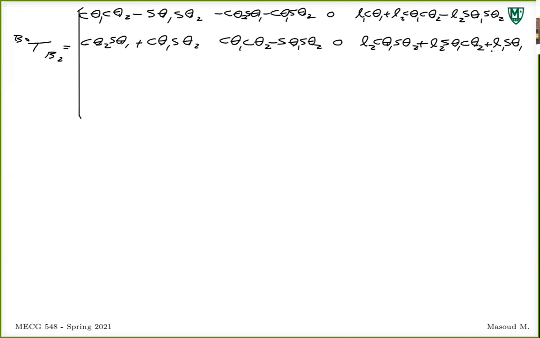Right, this is 0, this is 0, this is 1. These are separate elements in the matrix: 0, 0, 1, 0, and then 0, 0, 0, 1.